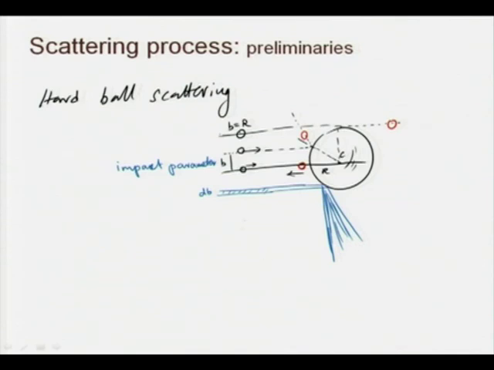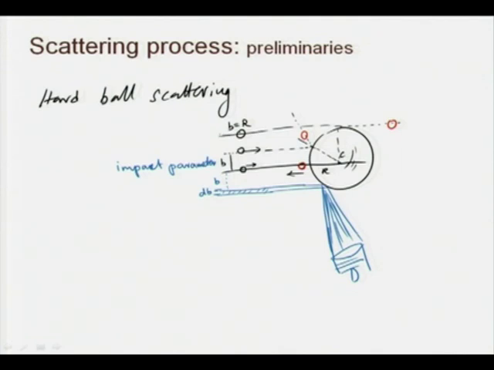Let us again denote the impact parameter as B, and the small width of this band as dB. Then they will come out at some angle, and if I keep my detector D at this position, I will receive all these beads if the detector is sufficiently large.